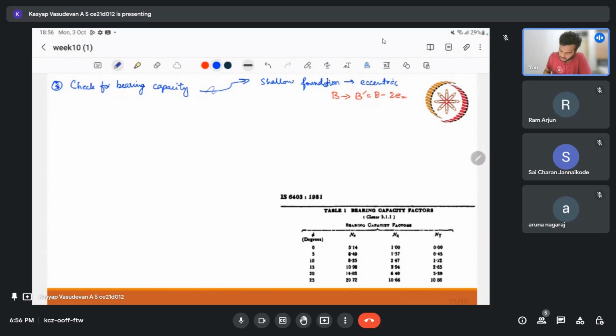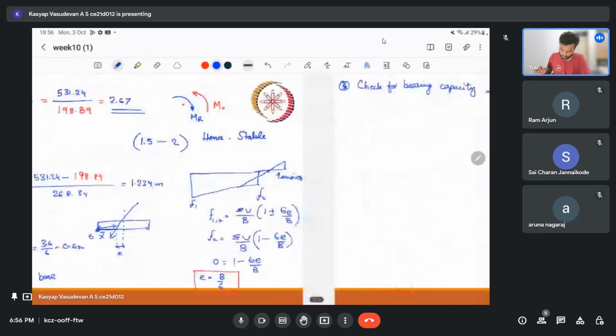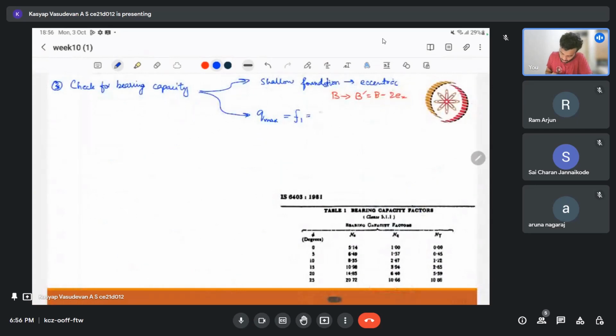Another option is I can find the Q max, which is nothing but our F1 that I was talking about here. F1 is sigma V by B, 1 plus 6E by B, and I can compare it with our Qnu.